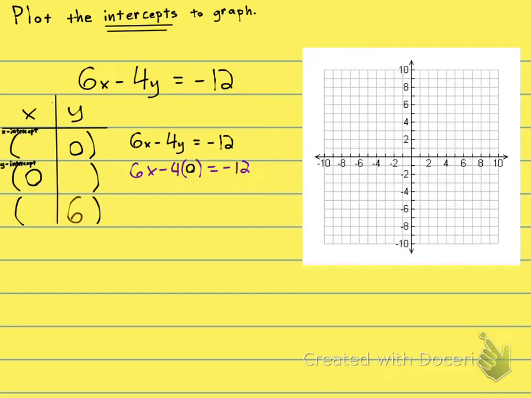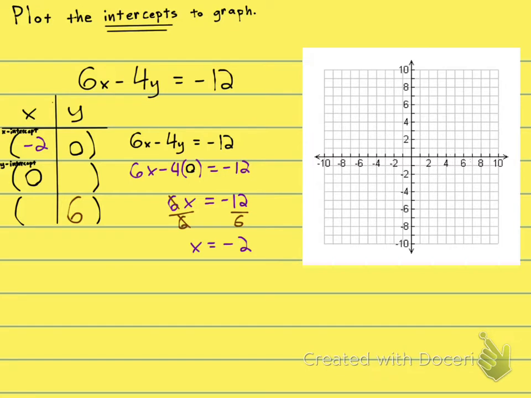So now 4 times 0 is 0. Anything minus 0 is just itself. So 6x minus 0 is just going to be 6x equals negative 12. Divide both sides by 6 to get that grumpy x by itself. And the grumpy old x equals negative 2. So my x-intercept is negative 2, 0.